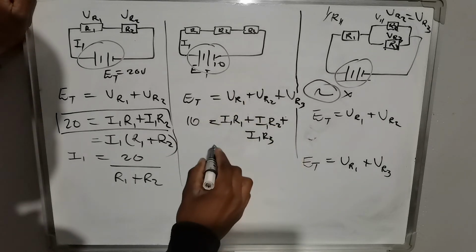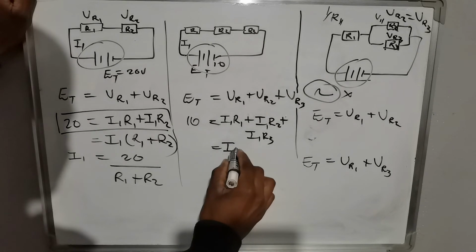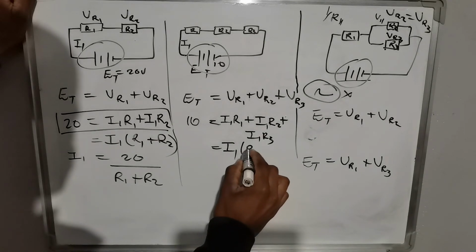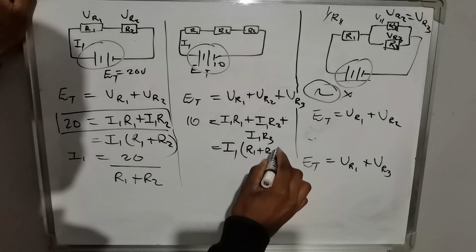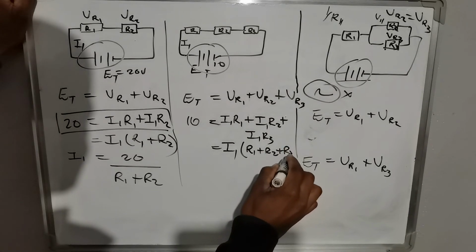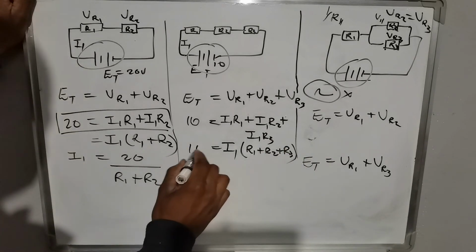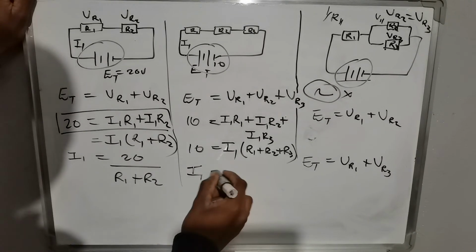Now on this one, we have I1, R1 plus R2 plus R3. So we would divide 10 by that, and I1 would be.